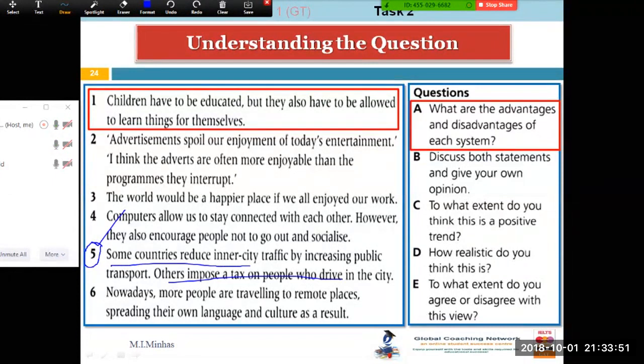So with such kind of statements, you can expect a question like this. There's a small variation of such questions in which they ask you to write the advantages and disadvantages of each method. Now there's a difference between method and system. In a system, it is imposed by the government or maybe by the organization.